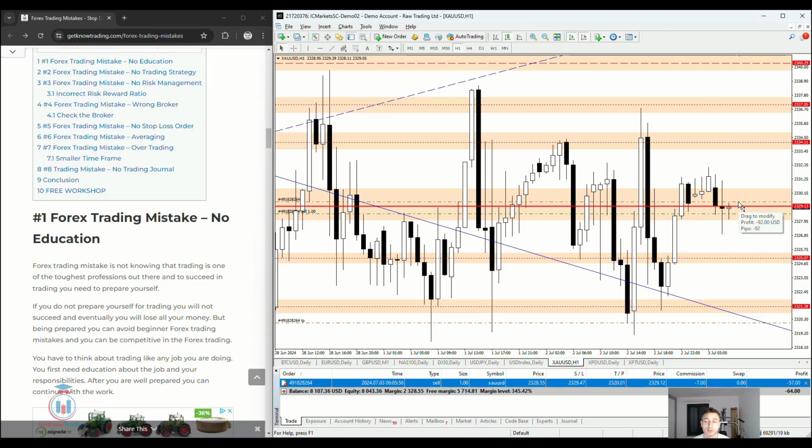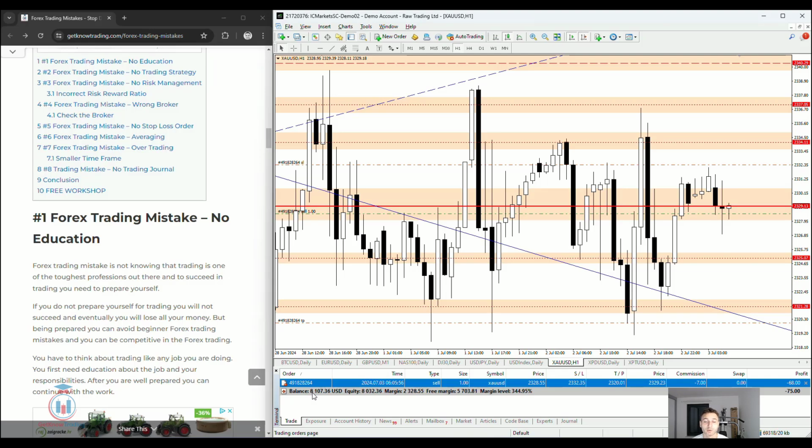How you will define this risk depends on you, but it is very important to have risk management included. If you are losing too much on this trade, you will wipe this account, which is $8,000, very quickly. So imagine if you have 5 trades, very bad, with losses in a row with 5%. That means 5 trades multiplied with 5%, it is 25% of loss on your trading account.